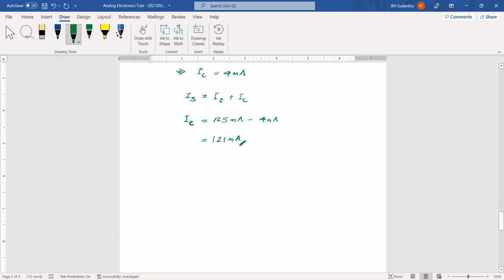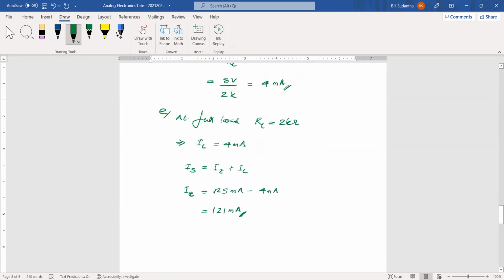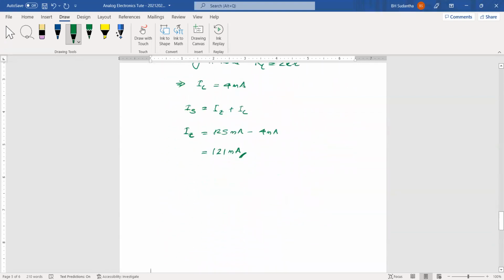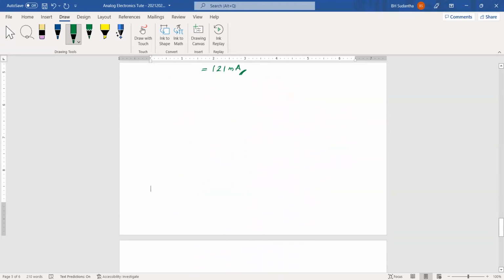Is it okay? Then one question is asked: to explain the knee current for Zener diodes. Actually, it's something like this, that we have this characteristic curve for Zener diodes.